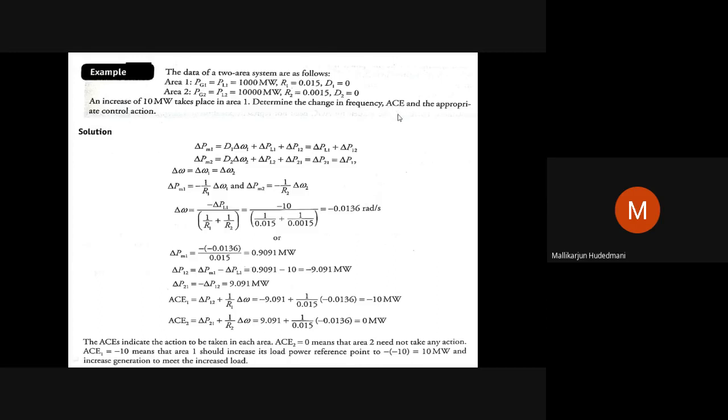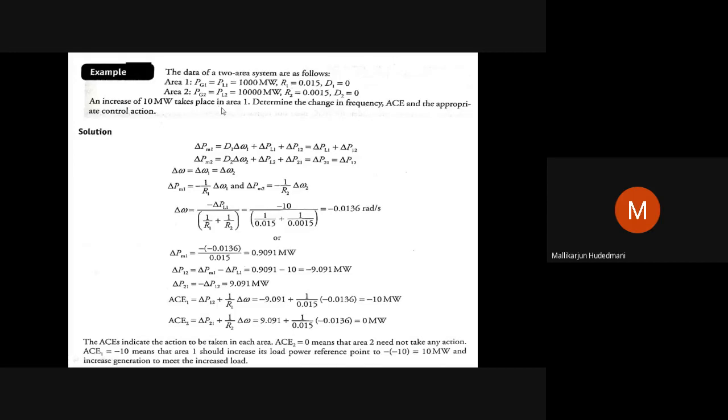You shall not work like ordinary problems which you have done already. This ACE keyword compels you to show who is responsible to take care of this 10 megawatt shift in load. For us, when ACE comes in question, the respective area that experiences a change is the only one that needs to work for that. That's what we have to show.